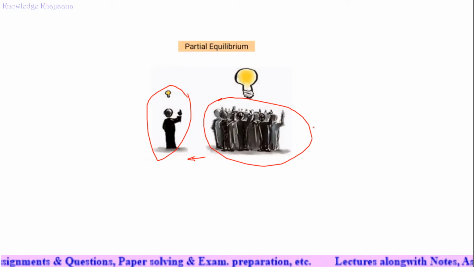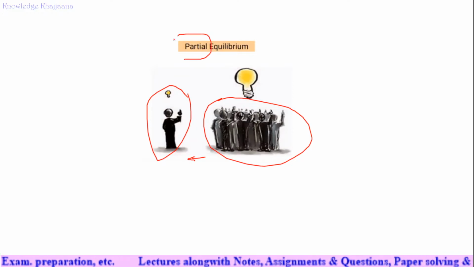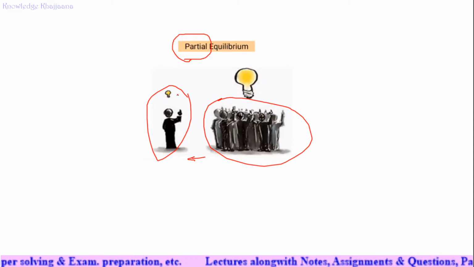Not the entire crowd is studied, only that specific consumer, isolated from the crowd. This is called partialism, giving justice to a single unit. So a single person is studied, and it is called partial equilibrium.